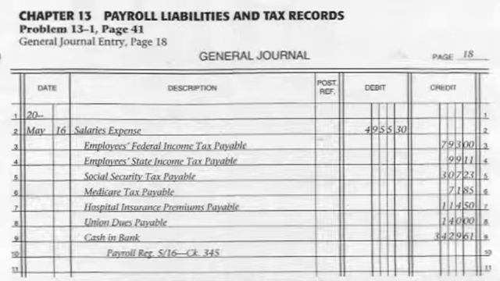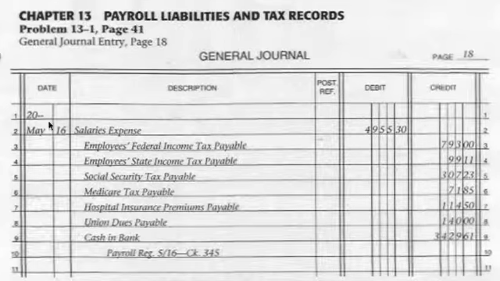So that's why they're considered payables, because the employer owes either the government or an insurance company or whomever that money. So for problem 13.1, we have to record the salaries and the withheld amount into the general journal.